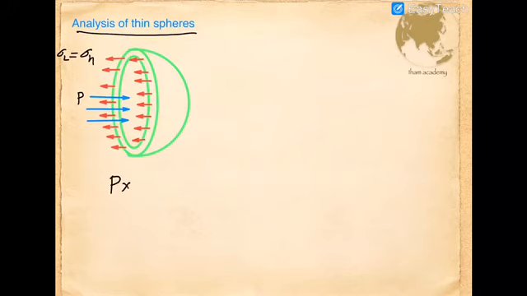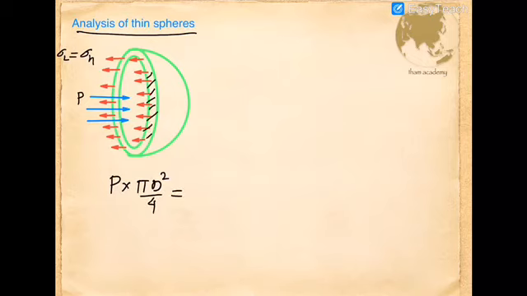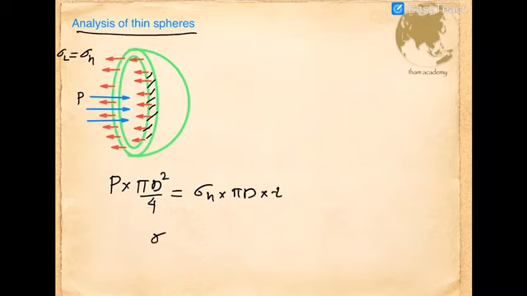The bursting force is definitely pressure into corresponding area pi d square divided by 4, that will be borne by this cross section. So that can be found out as sigma h into pi d, that is the circumference, into thickness value.